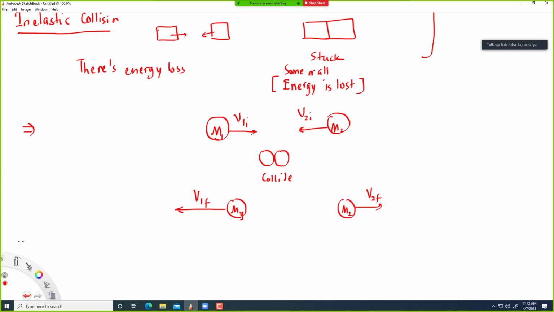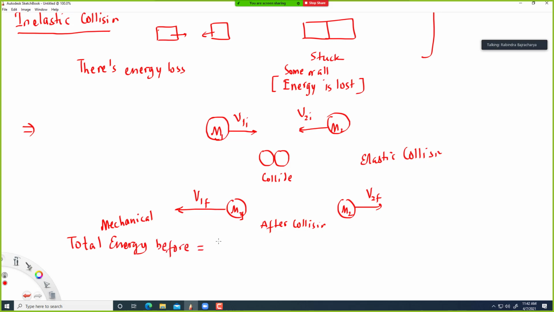So this is elastic collision. That means total energy before collision, we should say mechanical energy, would be equal to total mechanical energy after collision.